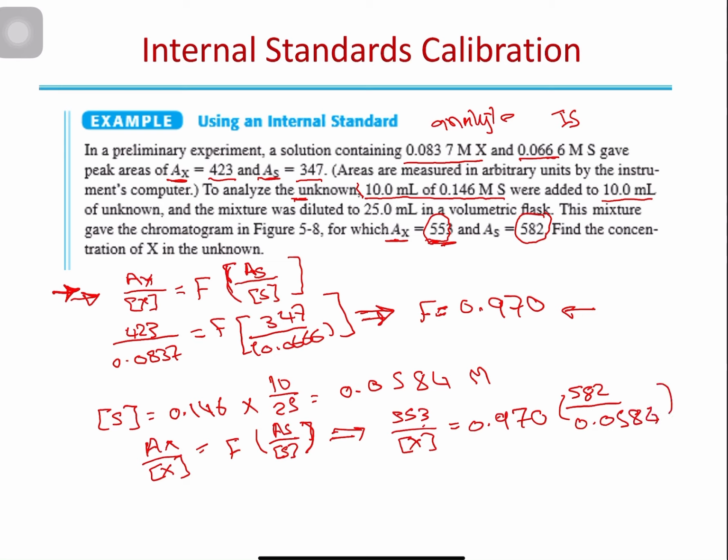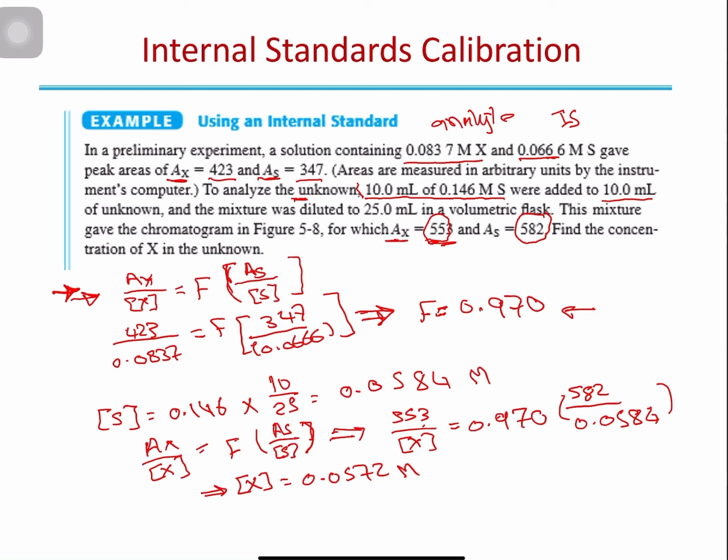So when you do this calculation, you will find that the concentration of X equals 0.0572 molar. So this is the concentration of the unknown in the diluted solution.